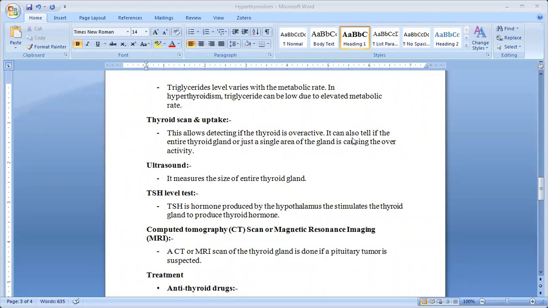It can also tell if the entire thyroid gland or just a single area of the gland is causing overactivity. Is the entire thyroid gland overactive, or only a single area, a little part of the thyroid gland? By scanning we can understand and determine how much.